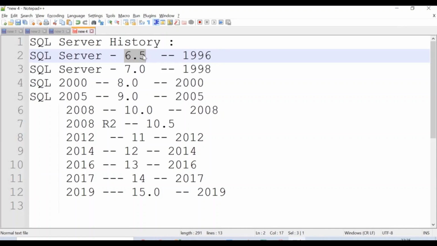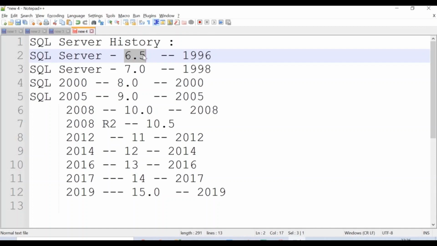The next version is SQL Server 2008 with version number 10.0, released in 2008. Immediately they gave one more version, SQL Server 2008 R2, with backend version number 10.5.